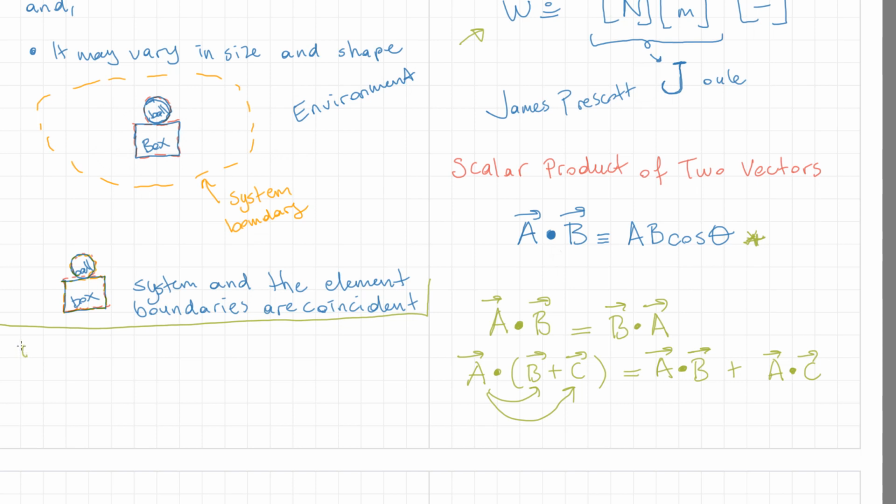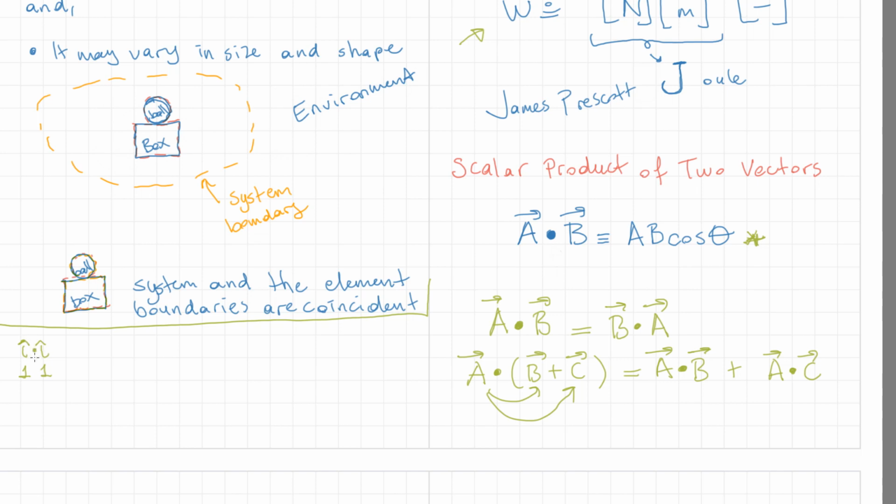Take the i vector as an example: i scalar i. Please recall that the magnitude of a unit vector is equal to 1. And we said that the scalar product means that you take the magnitudes of two vectors and then multiply them with the cosine of the angle between those two vectors.